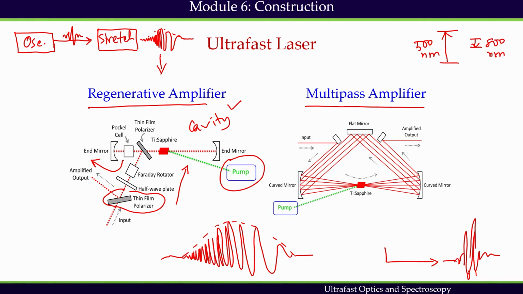On the other hand, in the multipass amplifier, the beam passes through the gain medium multiple times without the use of a cavity.